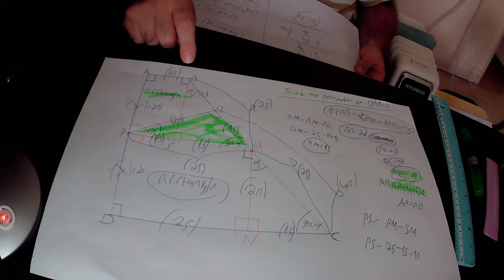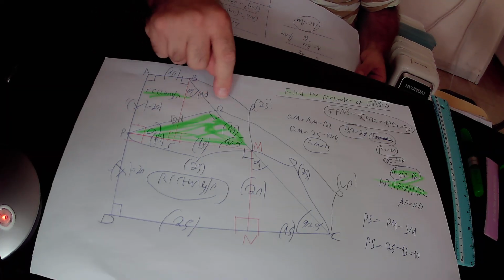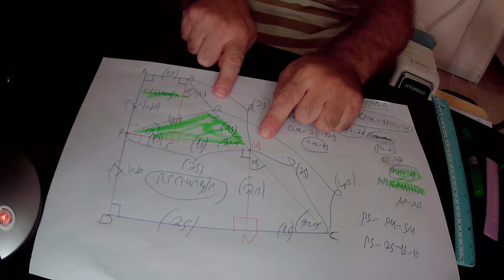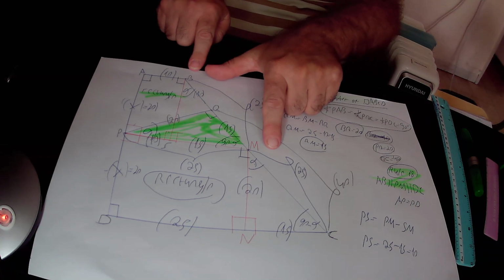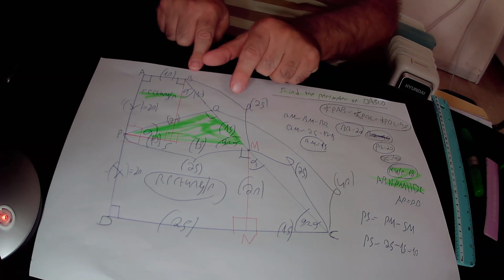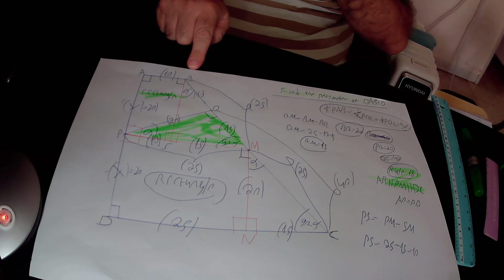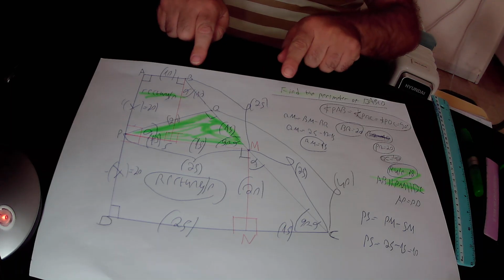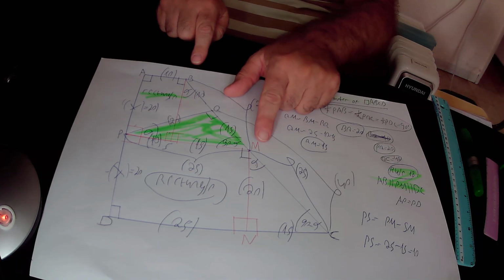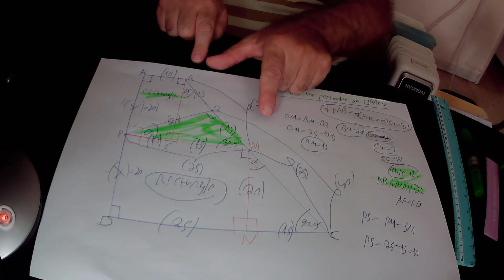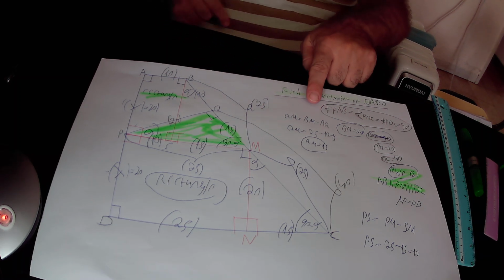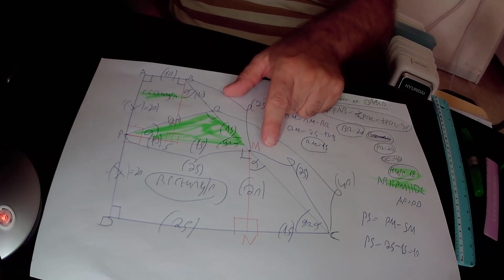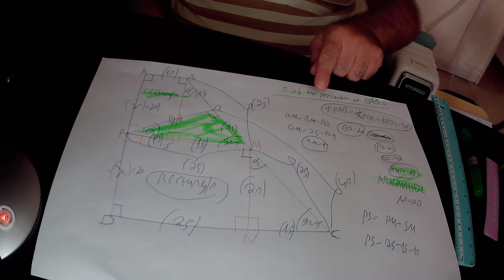So in the next step, we focus on the green right triangle PQM. First of all, what is the length of QM? We know that BM is 25. The missing side QM equals BM minus BQ.